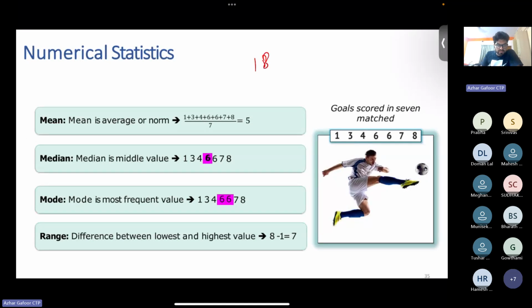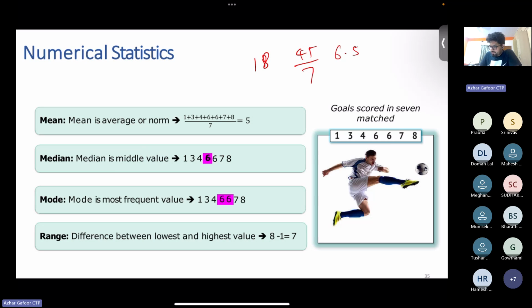We know 18 is an outlier when we look at this data. Now we calculate the mean again. What will be the mean if we add 18 instead of 8? It will be 45 by 7. What is the value of 45 by 7? It will be around 6.5 or something.